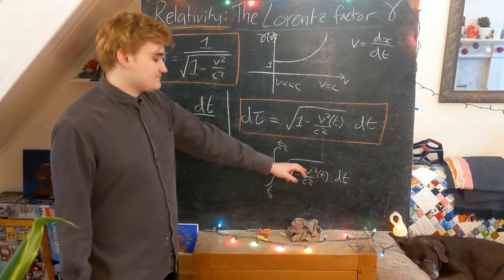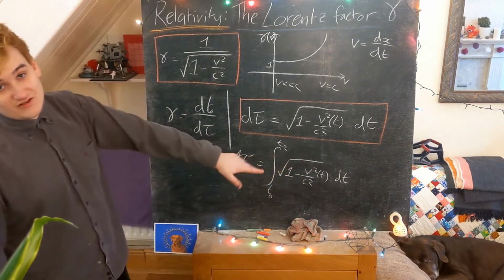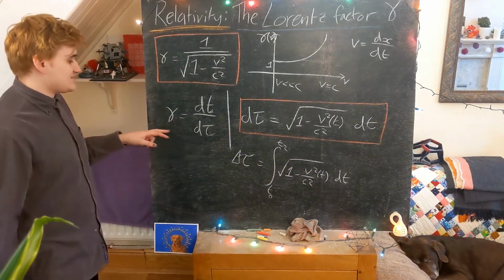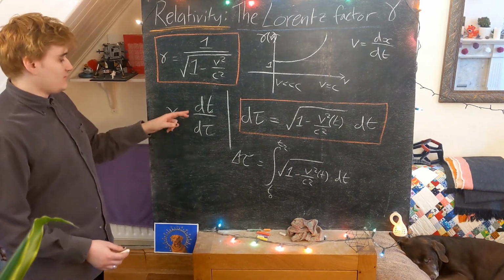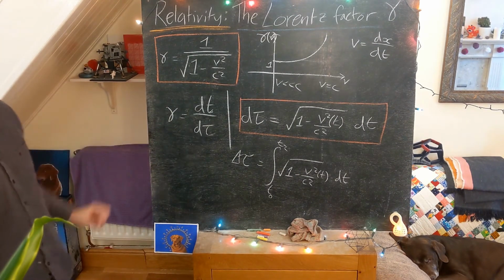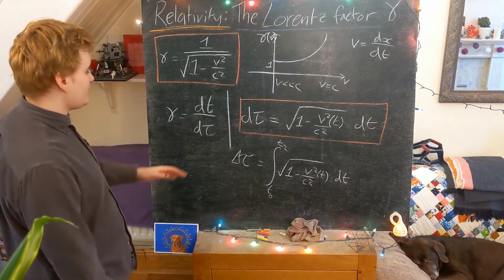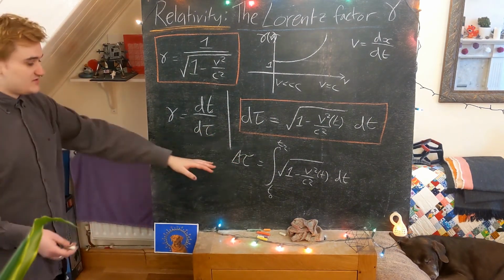But as v approaches c, this has a non-trivial solution, and we can see that it corresponds to a ratio gamma between these two differentials. So this is just another way that you can view or define proper time.